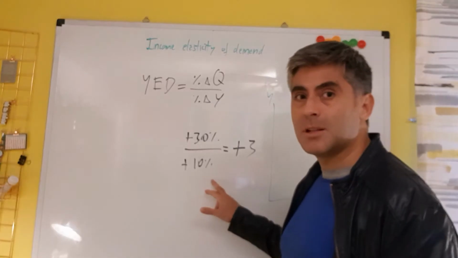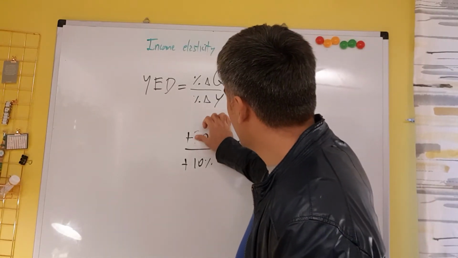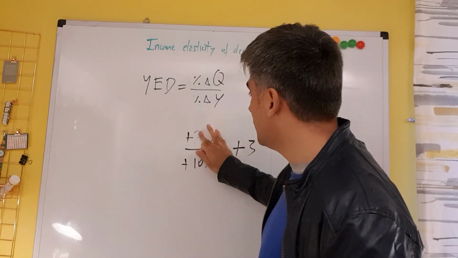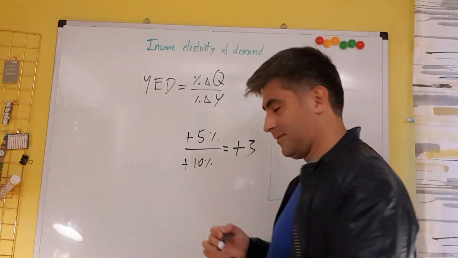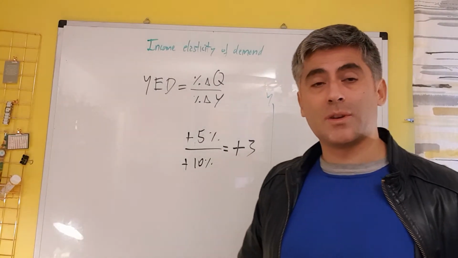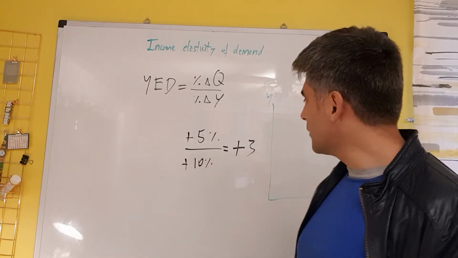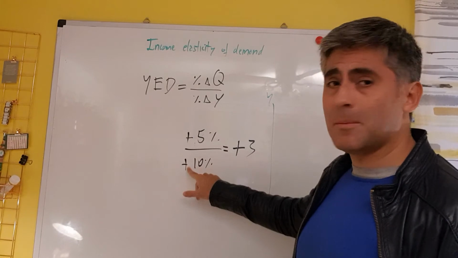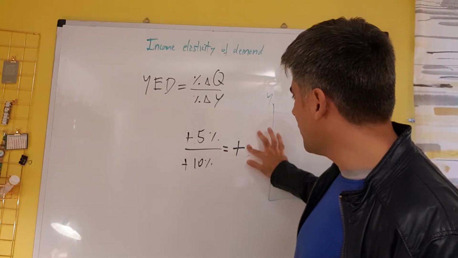So if my income increases by 10%, I will buy 5% more chewing gum. So an increase in the purchase of chewing gum by 5% when my income increases by 10%. So what will be plus divided by plus is plus, 5 divided by 10 is 0.5.